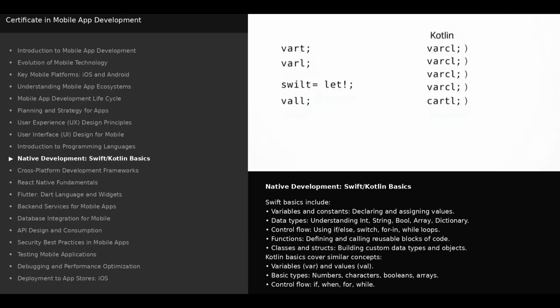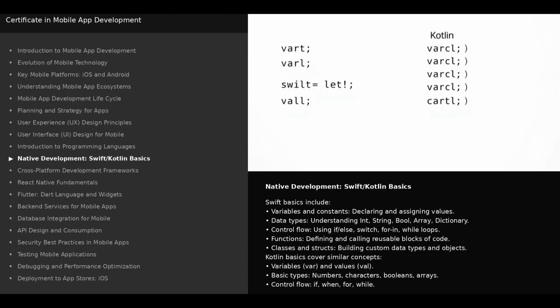Swift basics include variables and constants, declaring and assigning values, data types, understanding int, string, bool, array, dictionary, control flow, using if-else, switch, for-in, while loops, functions, defining and calling reusable blocks of code, classes and structs, building custom data types and objects.